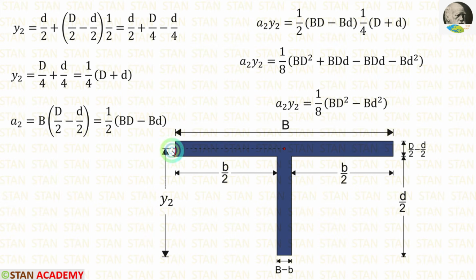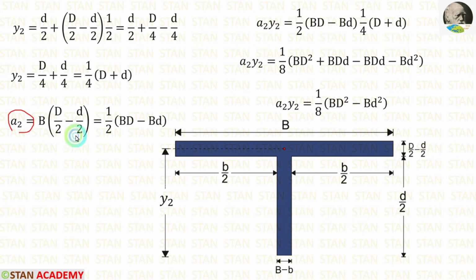This distance we have already calculated. This distance is d by 2, so we have to add d by 2. We can multiply this 1 by 2 with these two values. Finally, we are getting D by 2 minus d by 4. We will get d by 4.